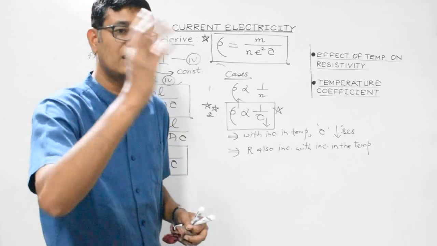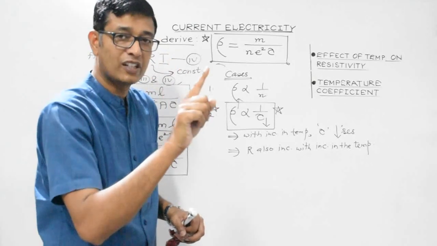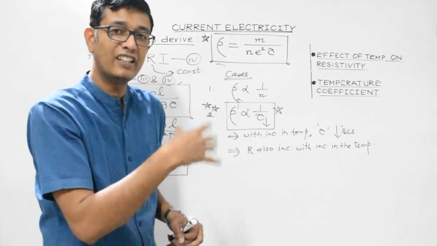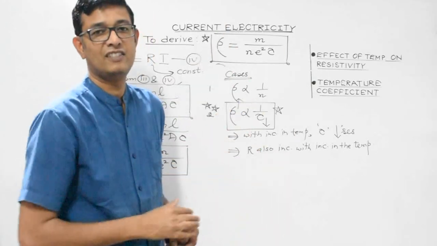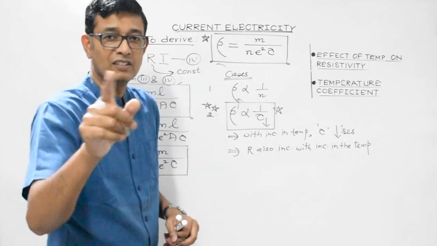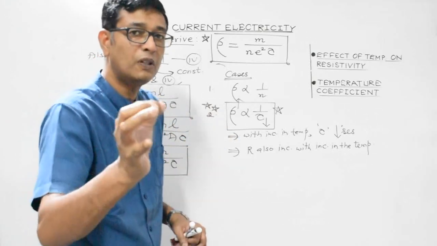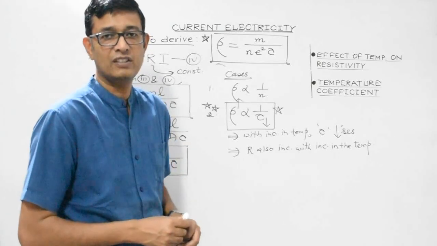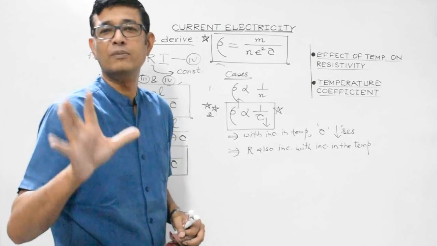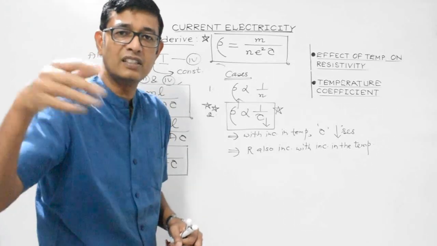So what will be the reverse effect of this? If the temperature of a conductor is decreased, the resistance or resistivity of that conductor will also keep on decreasing. And students, this concept forms the basis of superconductivity. That also we'll discuss in some later section. Right? At a very low temperature, the resistivity and hence resistance of a conductor disappears.